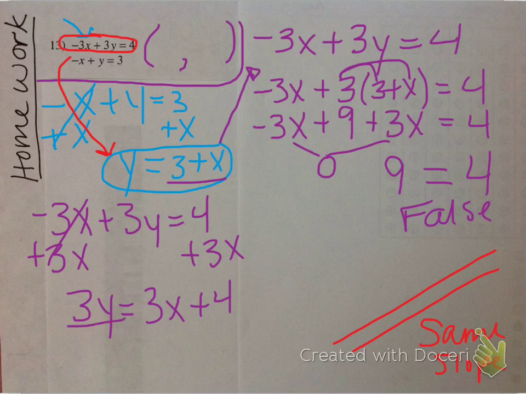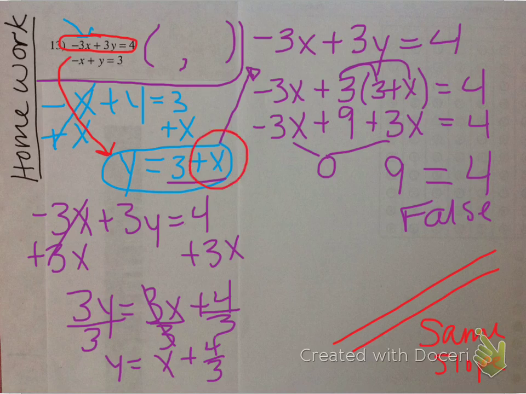Then I need to divide everything by 3 so I get y by itself. y equals 3 over 3 is just 1, so x plus 4 thirds. Now look at that. Positive x and positive x right there. Same slope. My lines must be parallel. So therefore, there's no solution.